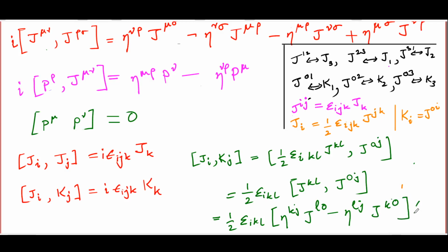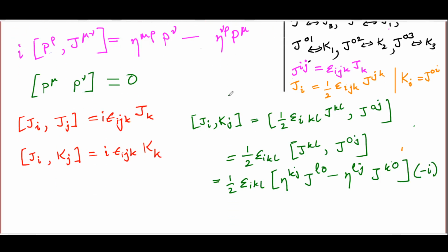In addition to all this, there is a factor of minus I which you get when you move the I to the other side. So this becomes minus I by 2 epsilon I KL, and this further simplifies because eta kj after all is delta kj j L0, or I could simplify this to k minus KL anyway directly, plus delta Lj capital K small k.